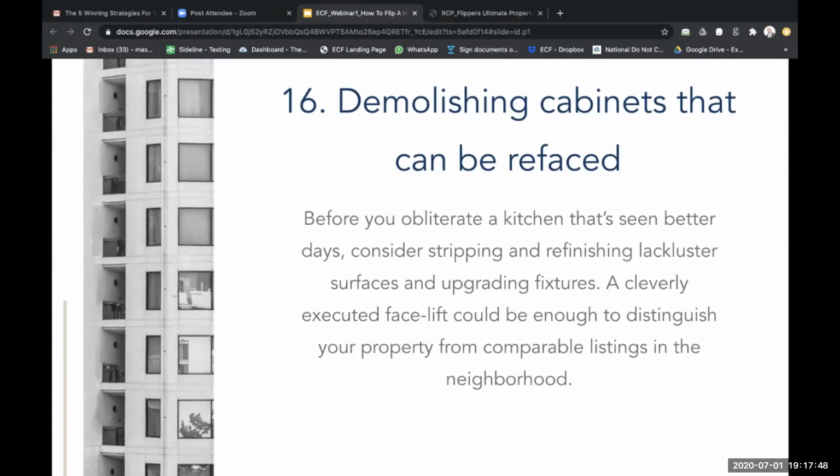So this is talking about taking a kitchen, for example, and instead of ripping it apart, maybe just stripping it and refinishing, relacquering the surfaces and upgrading the fixtures. Sometimes instead of knocking it all out and buying a kitchen from IKEA and spending 40 grand, maybe just doing a facelift for 20 grand can get the job done.